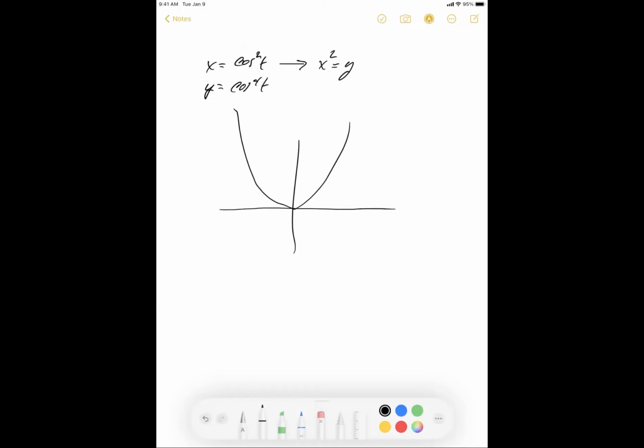And then we want to recognize that x is cosine squared, which means that x has to stay between plus and minus 1. Same with y, cosine to the fourth has to stay between plus or minus 1. So the actual graph is just that portion of the graph.